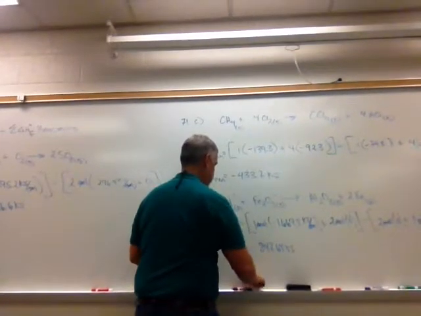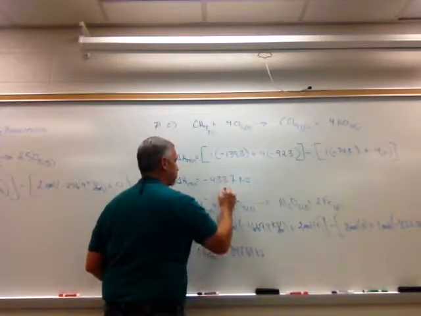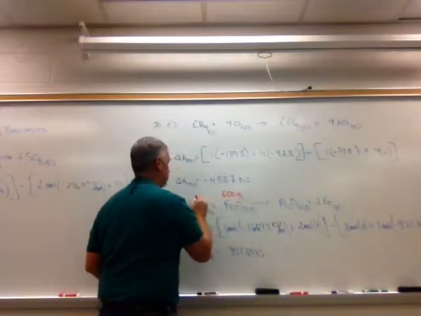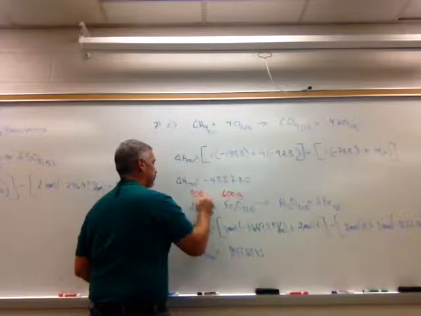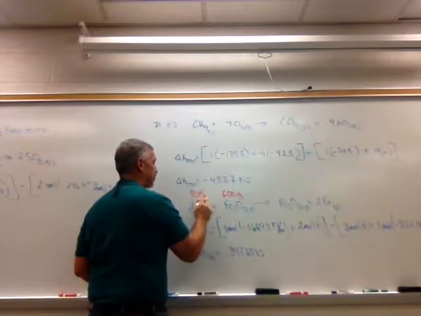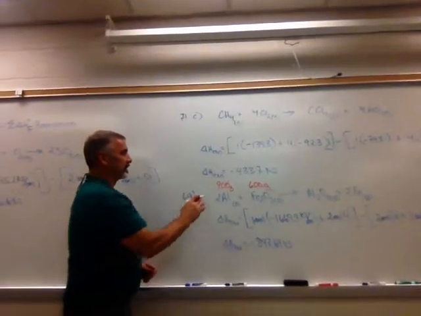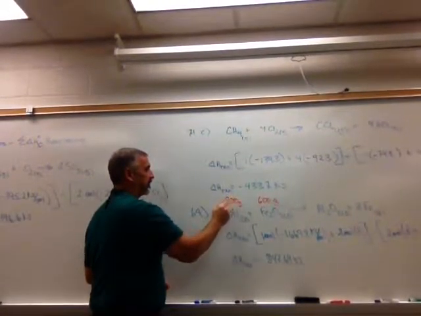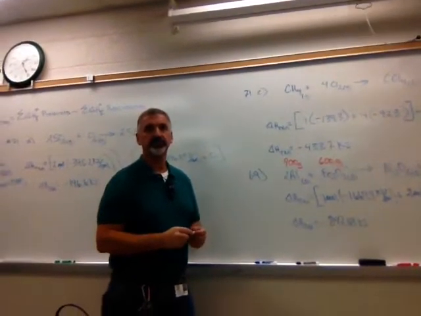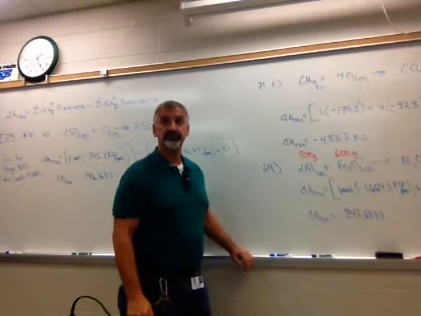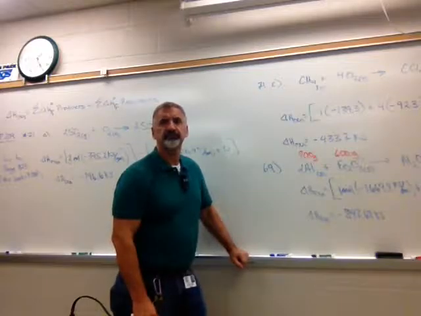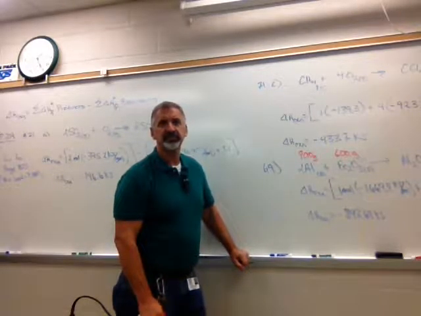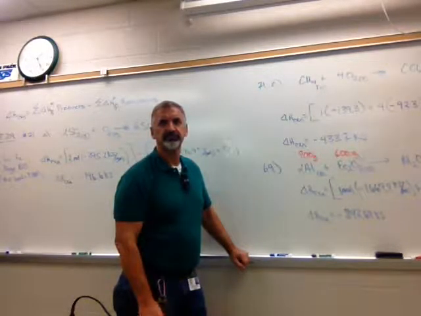I'm going to put it in red: 600 grams of this and 90 grams of this. How do we do this? Stoichiometry. Okay? If I'm given grams of both things, what's the first thing I probably need to do? Find the limiting reactant. So why don't you do that? It's a great review for the exam.